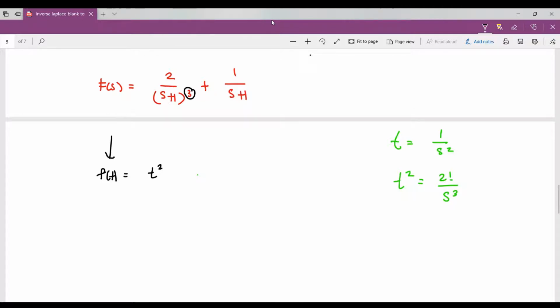But you can see here it is already 2, so 2 over S cube is already converted to t square, and then the shifting there is exponent -t, and then plus this one is 1 over S. 1 over S means unit step, which is constant, and then 1, and then shifting exponent -t. Okay, so this is the answer.